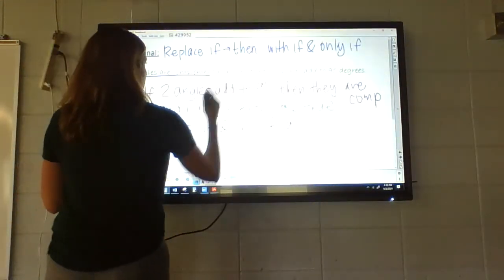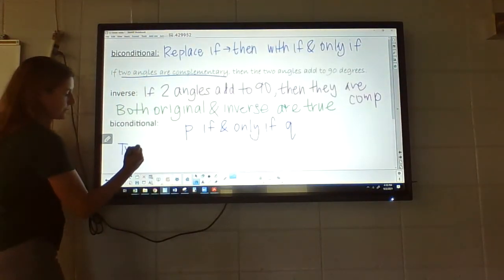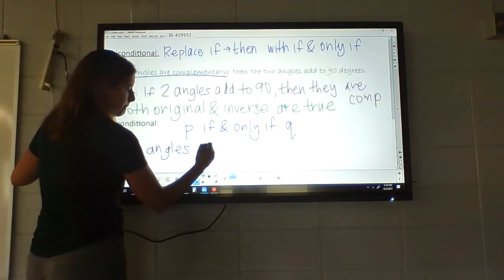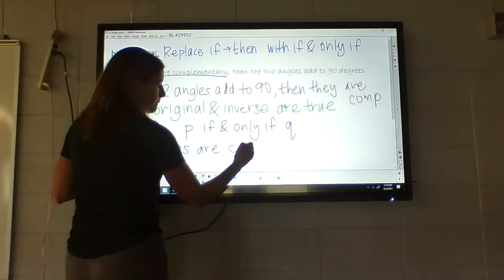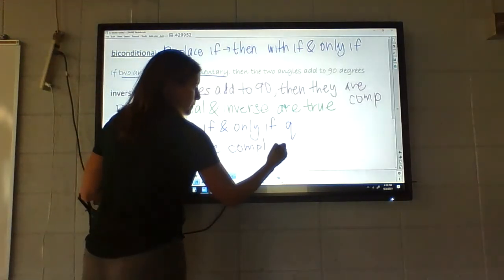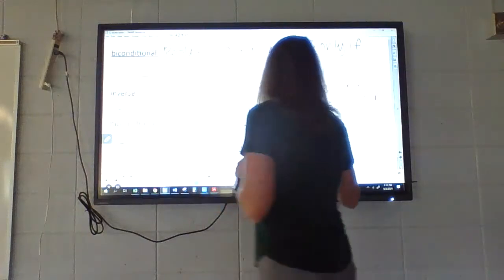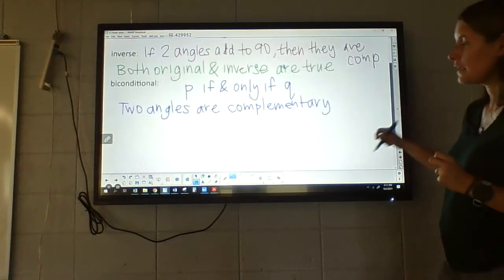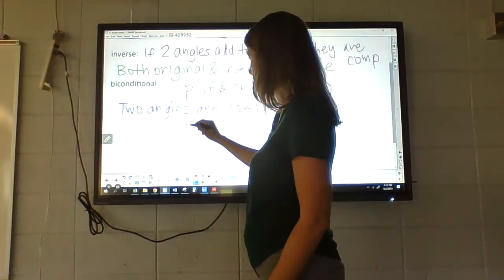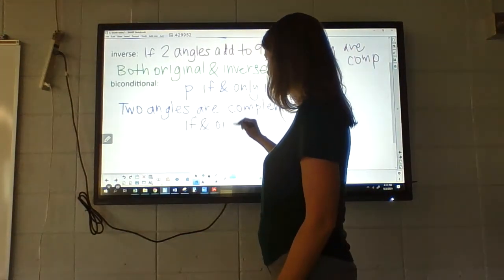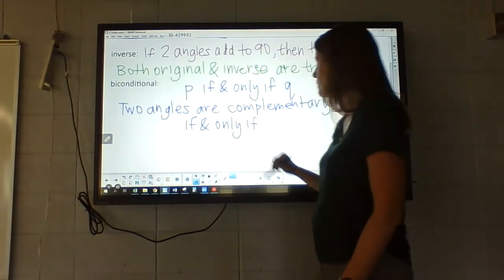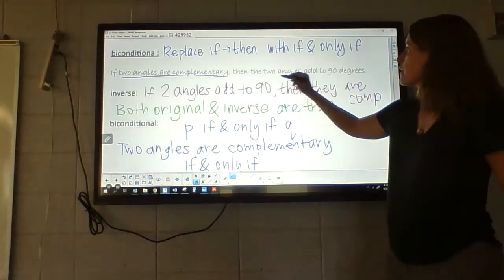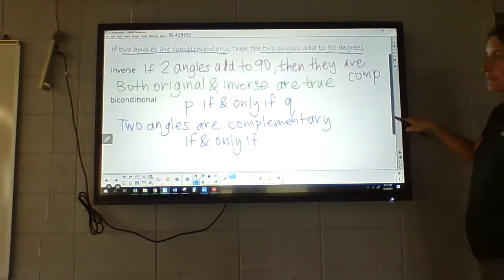So two angles are complementary if and only if the angles add to 90 degrees.